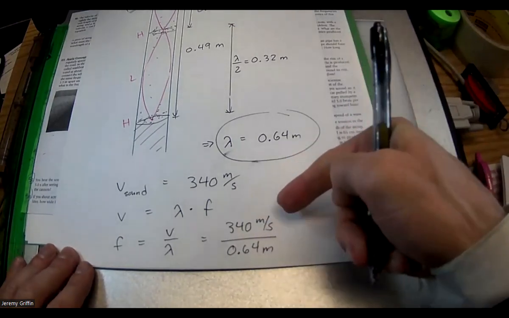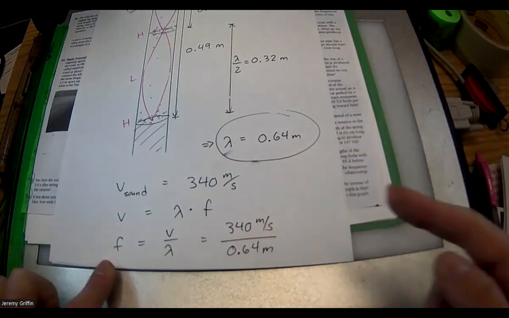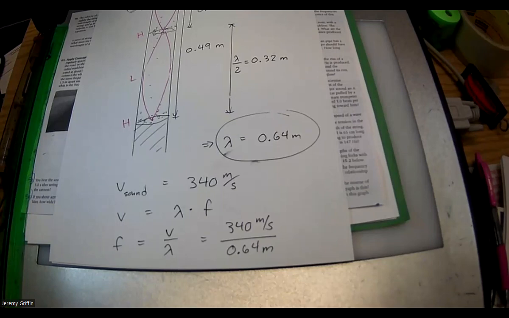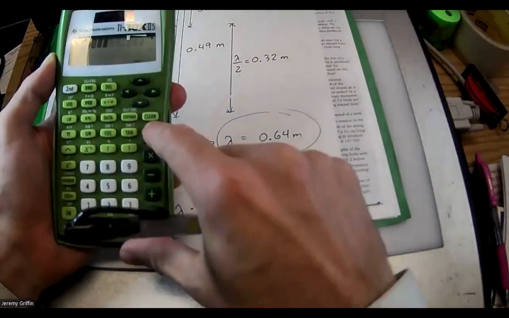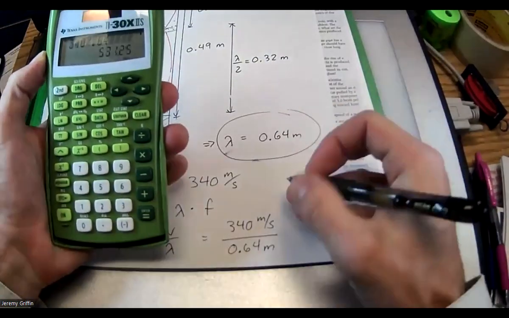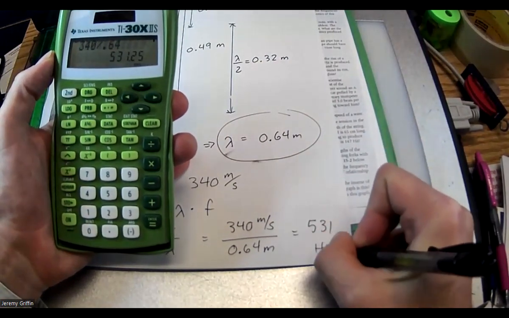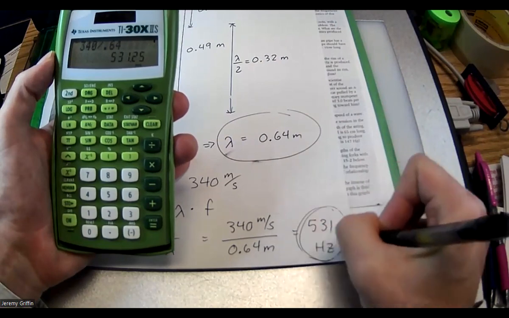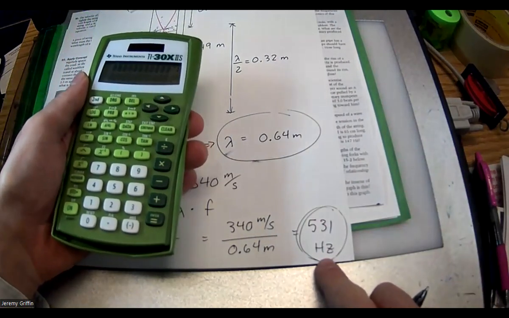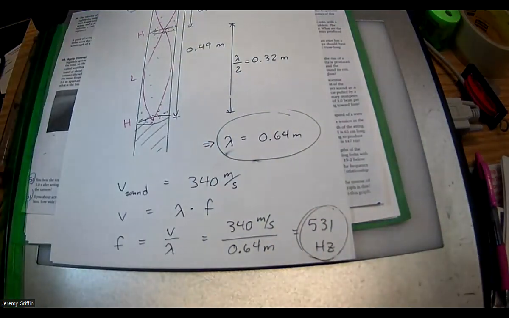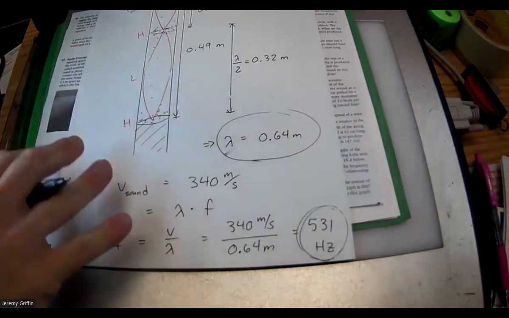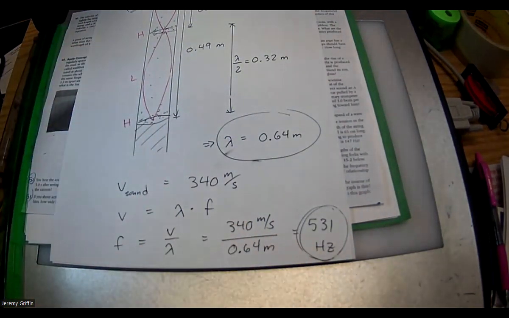The meters cancel, 1/s is hertz to describe the frequency. See what that comes out to. I'm getting 531 hertz. Yeah, that's what you guys get, 531 hertz. Depending on the temperature and some other little assumptions, you might get plus or minus a little bit, but it should be pretty close to that. Okay.